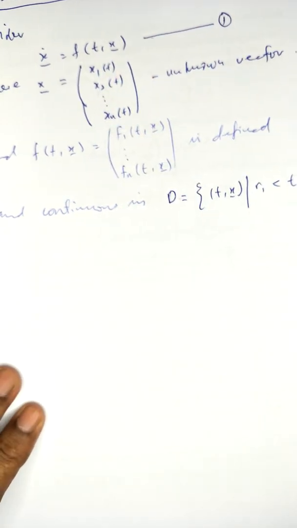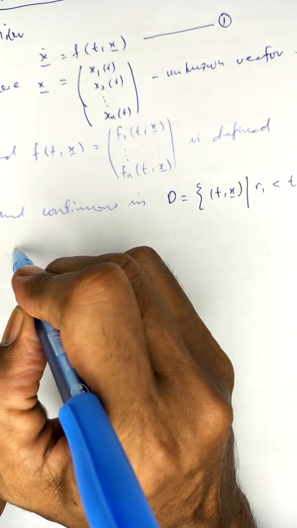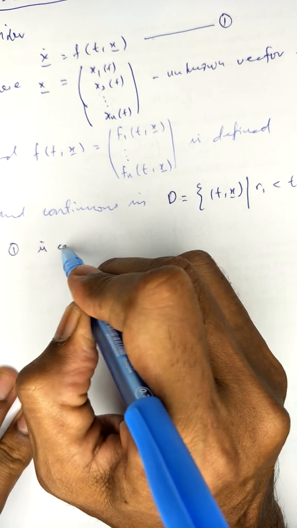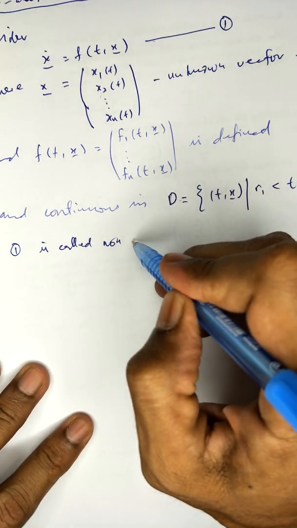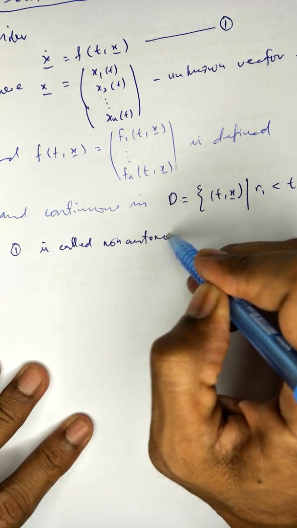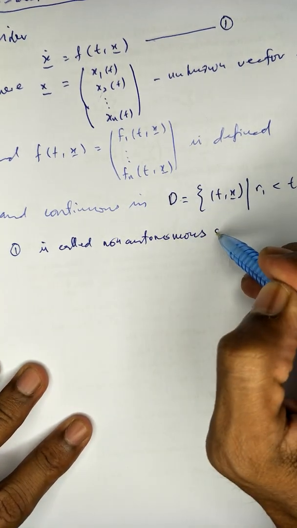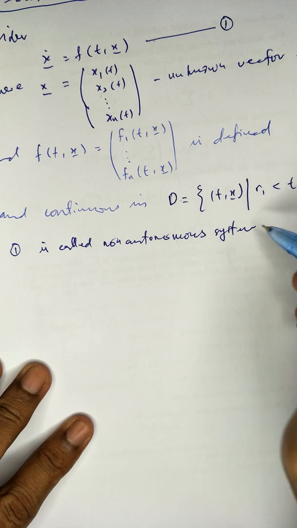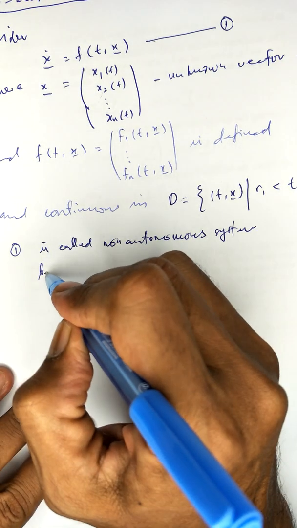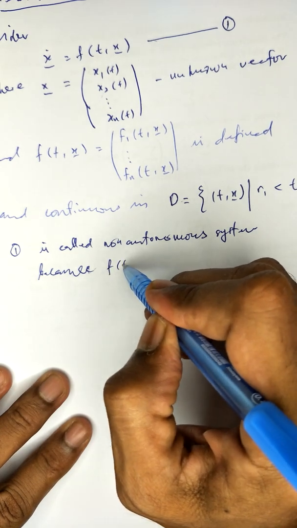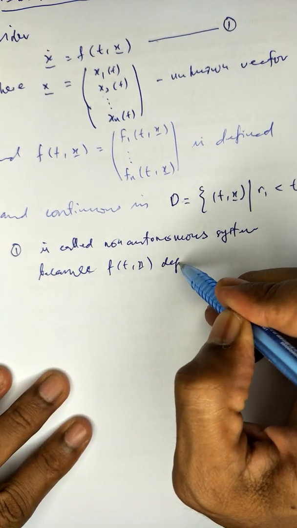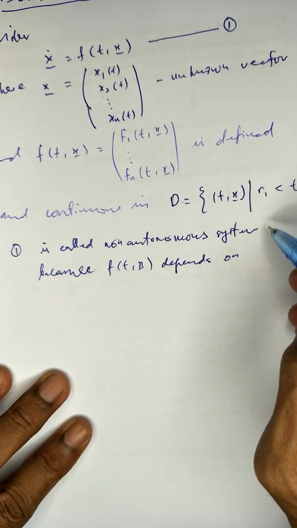So system 1 is called a non-autonomous system because f(t, x) depends on t.